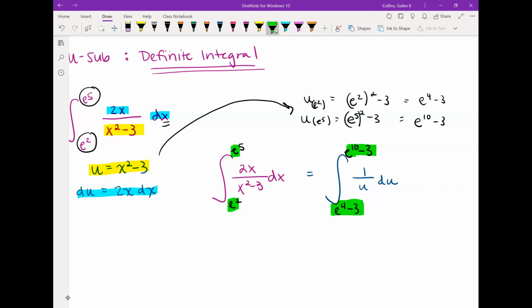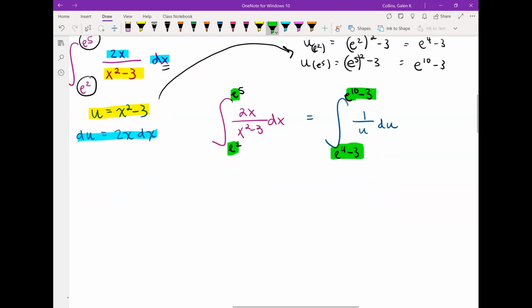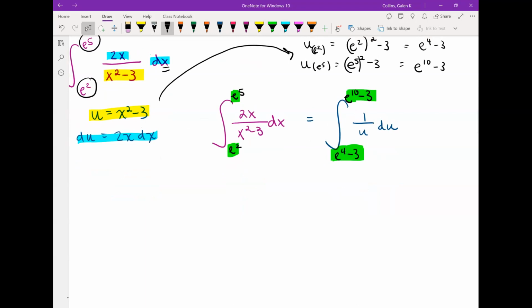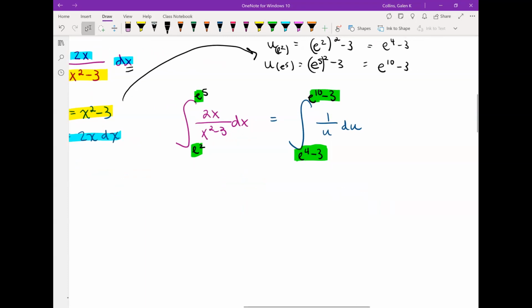And when we do a u sub, we have the choice to change our limits of integration. And here's why I think it's easier. So we said no matter how we do this, we're using the natural log rule. So I could either write my antiderivative now as natural log of u.